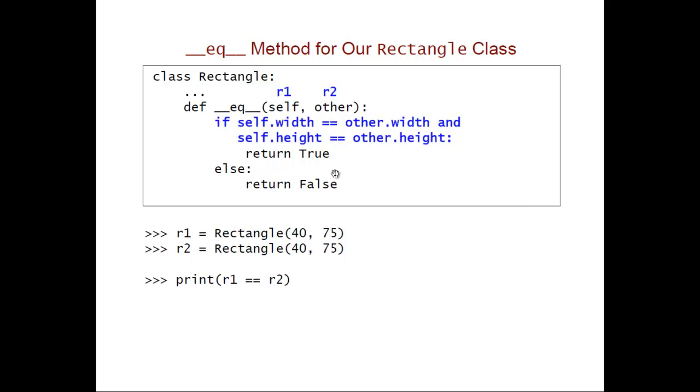So in this case, it's R1.width because self is R1, equals equals R2.width because other is R2, and R1.height equals R2.height. So if both dimensions match, then we are going to return true here. Otherwise, we're going to return false. So this allows us to compare what's inside the objects rather than just comparing their memory addresses.